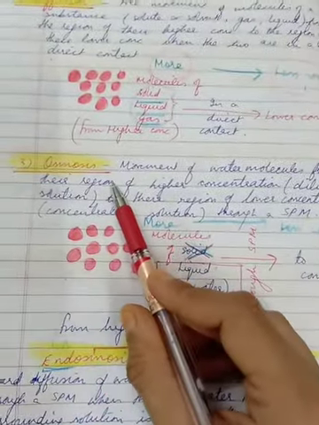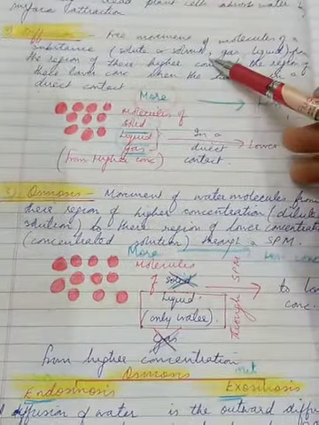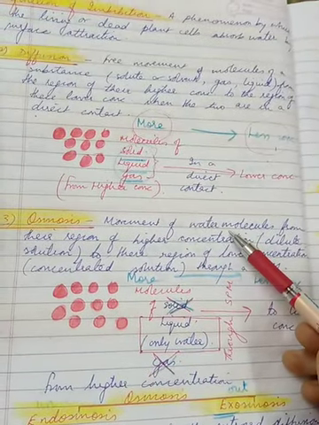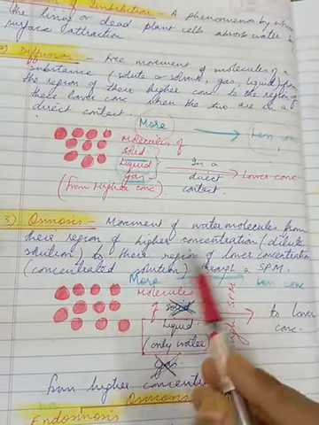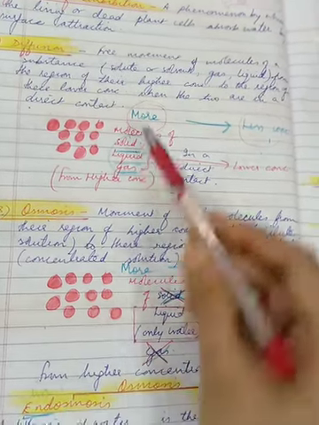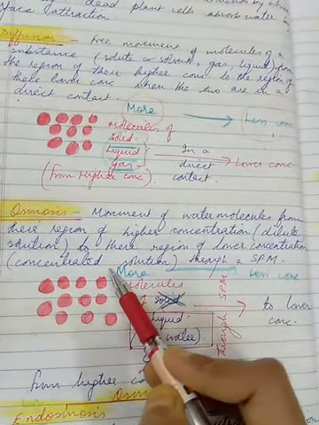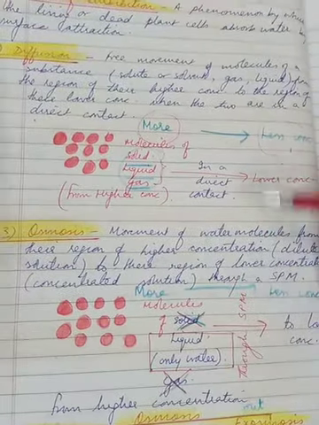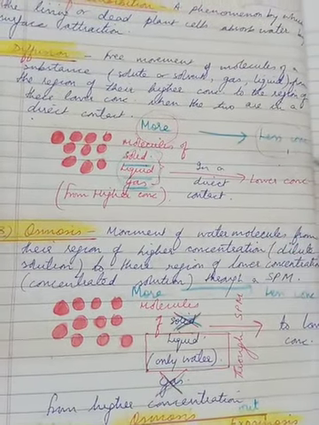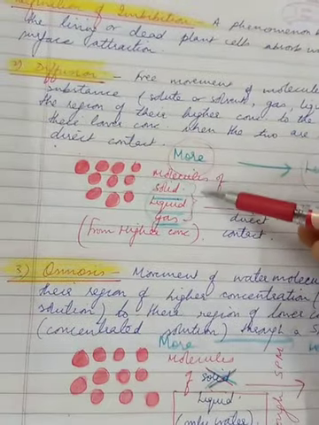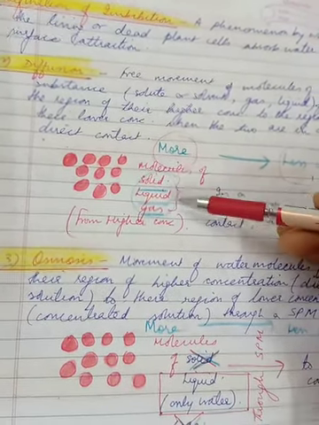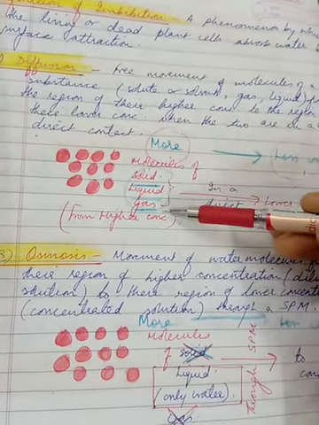But another process, osmosis: how is it different from diffusion? Osmosis is the movement of water molecules from their region of higher concentration to the region of lower concentration, same as diffusion. But you must be wondering, what is the difference? Number one, diffusion takes place in all states of matter, solid, liquid and gas.